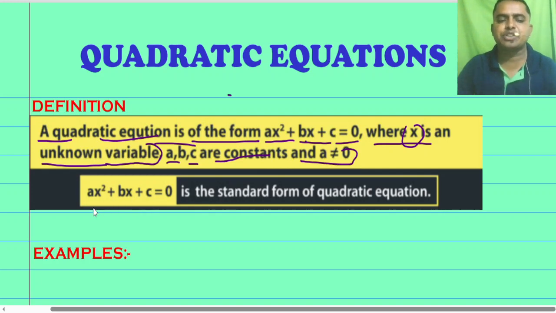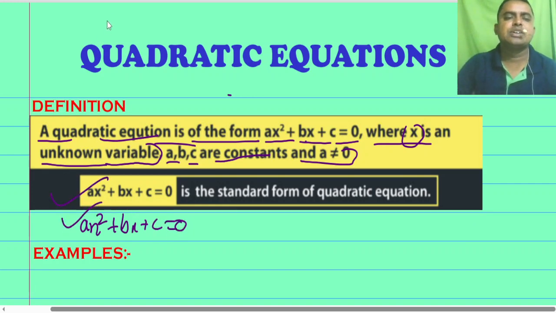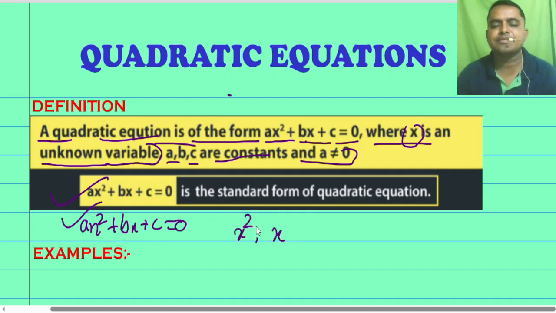So any equation of the form ax square plus bx plus c is equal to 0 is called a quadratic equation.